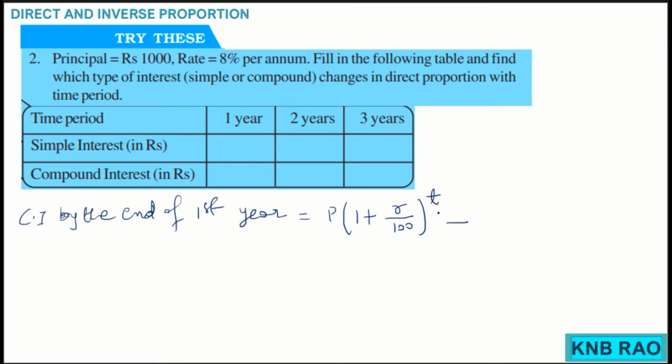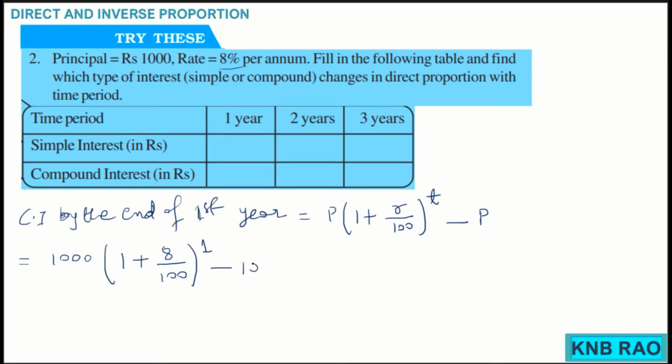From the amount we get, if I take out the principal, I will get the compound interest. So I will calculate here 1000 into 1 plus rate of interest 8 upon 100 raised to the power time. For the end of the first year it is 1, and this T is for that period. Rate of interest per annum is 8% and time period is 1 year.